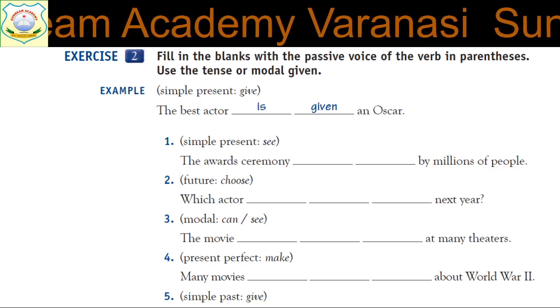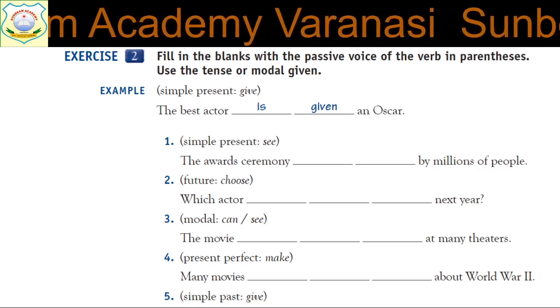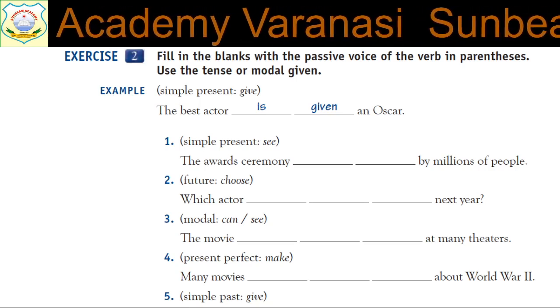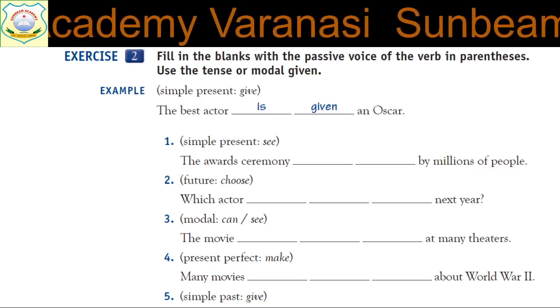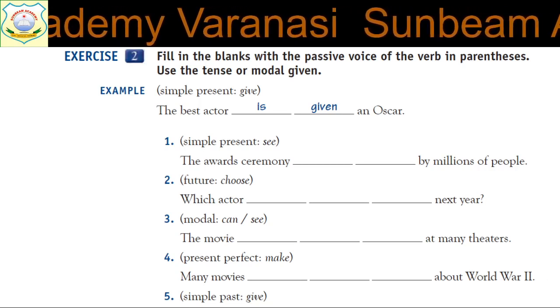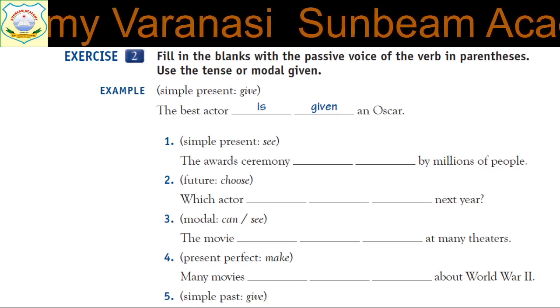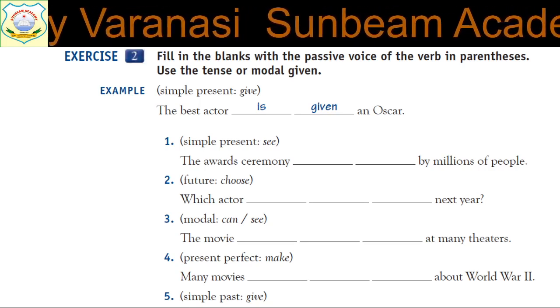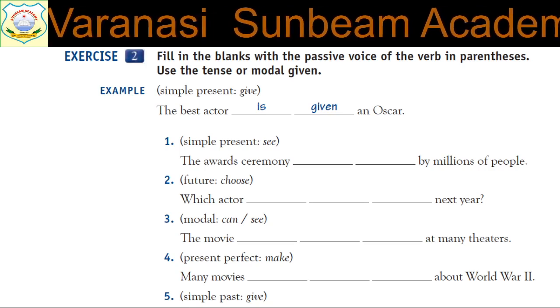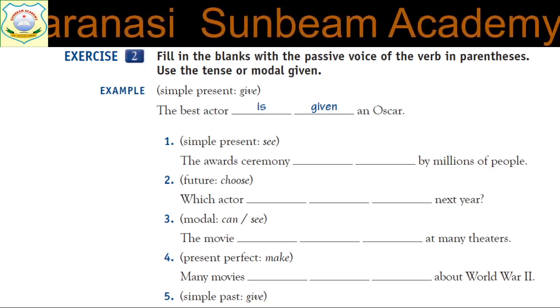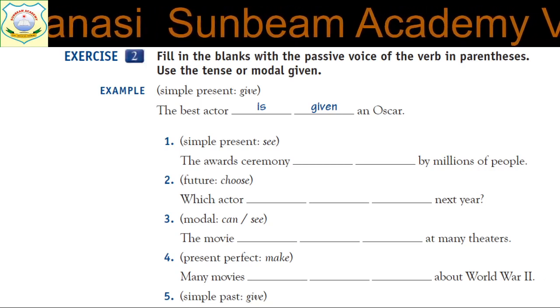Immediately write all the answers and see the help that is given in the parenthesis, means in the bracket. In the bracket, the things are given for how the sentences are to be made. Otherwise, the sentences can be made in different ways. So be careful. Do it immediately, and I will proceed.